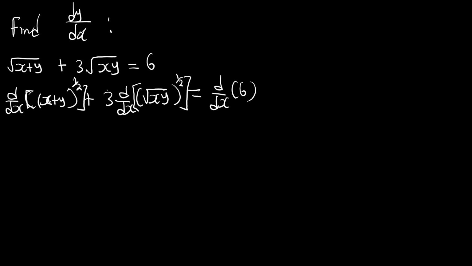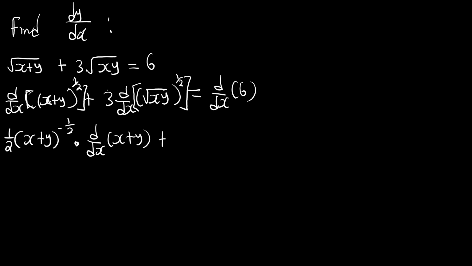The first thing is to drop our exponent of 1 over 2, and then we keep what we have inside the way it is. Then we subtract 1 from our exponent, and we get negative 1 over 2, multiplied by the derivative of what we have inside, which is x + y.